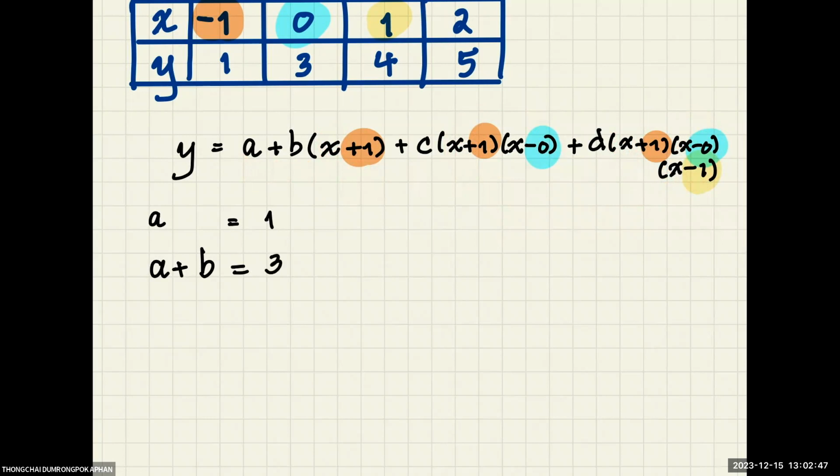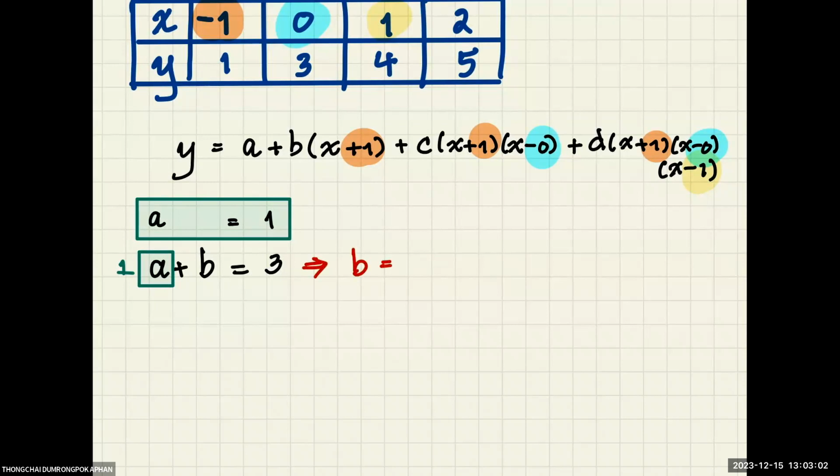But a is 1, so b is 3 minus 1, equal to 2.